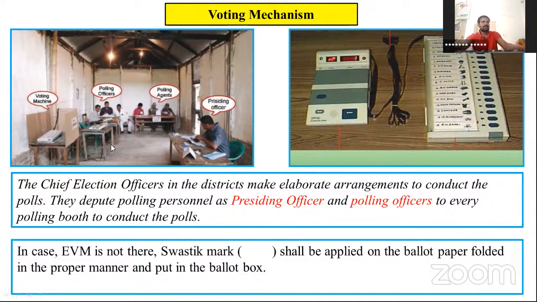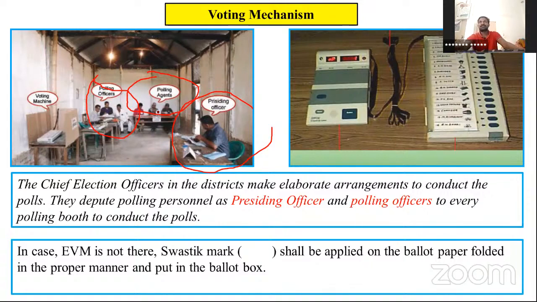Look at this picture carefully. He is the presiding officer. These are the polling officers. These are the polling agents. Who are polling agents? Polling agents belong to the contesting candidates. They recognize the voters.